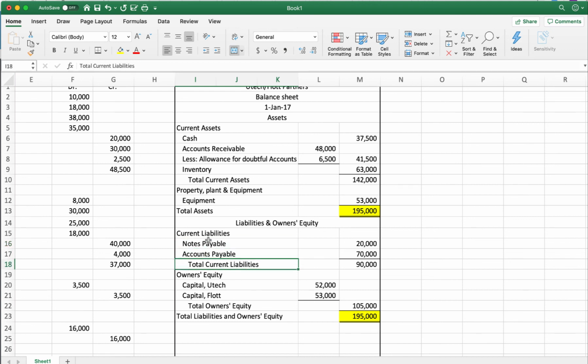And then once we list all those accounts within that section, we have to total out that section. So we have total current liabilities. Notice it's double indented, okay? Same thing with owner's capital. Here's the owner capital section. Okay, great. How many owner's capital accounts do I have? 2, right? So we need to list each of them, making sure that they're indented once. Then we need to total this section of owner's equity.